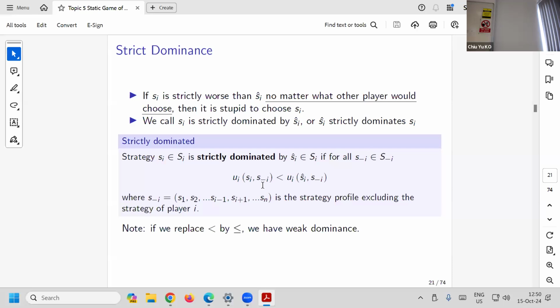So no matter what, S_i hat is better than S_i. And I guess there's no reason, and no one can convince me, that I would choose S_i, right? So that would be the idea, okay?